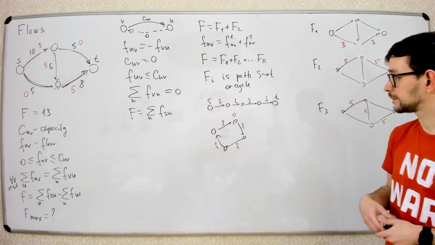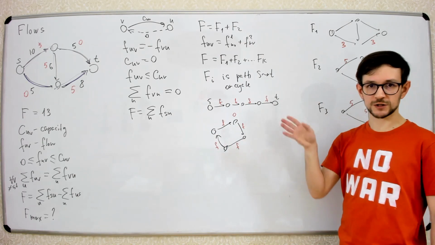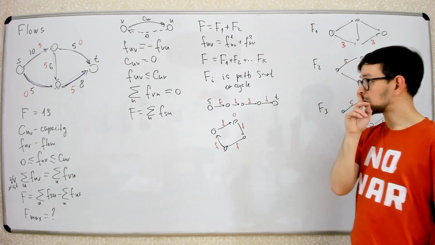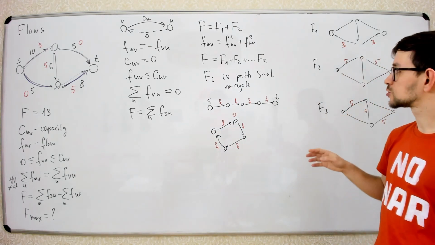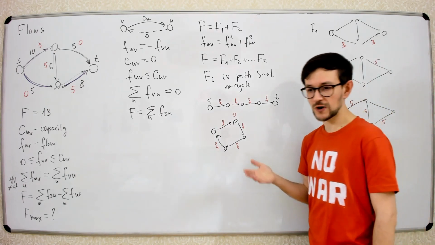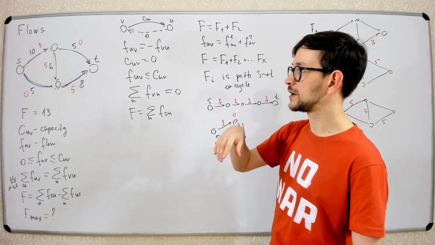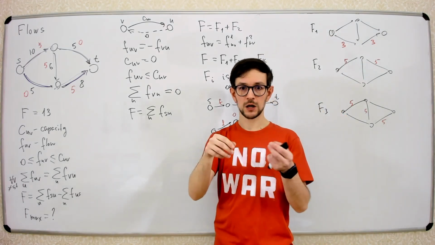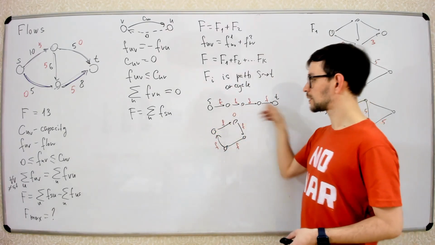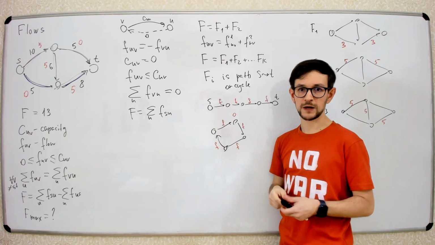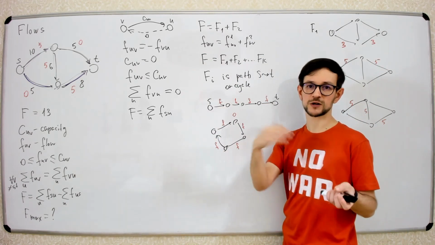Once again, why does this process even stop? What is the process of finding this sequence of flows? I find any path from S to T with positive flow on each edge, take the minimum of these flows and then subtract it.